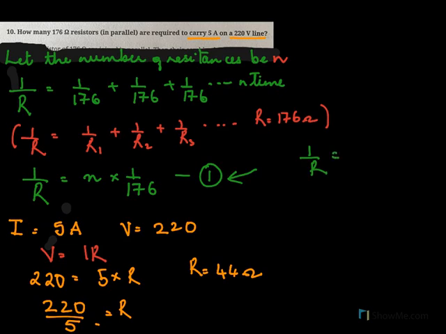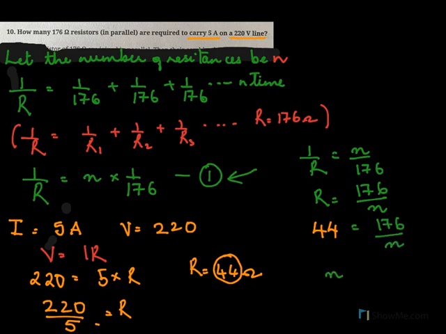In equation 1, we said 1/R equal to n/176. So R equal to 176/n. But we already know now that R is 44. So 44 equal to 176/n. So n equal to 176/44.